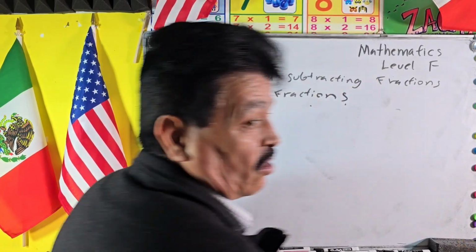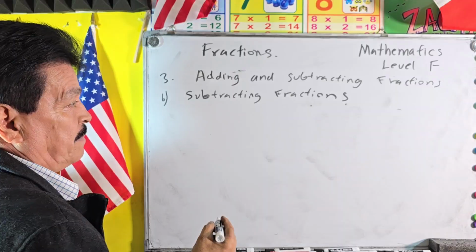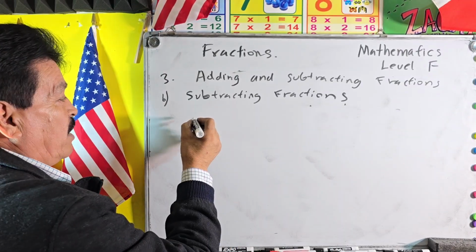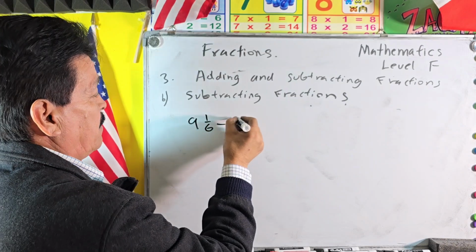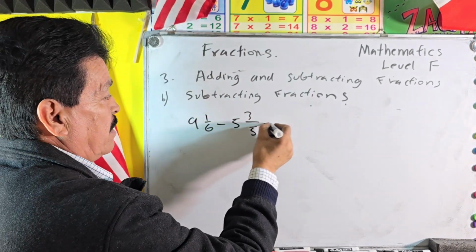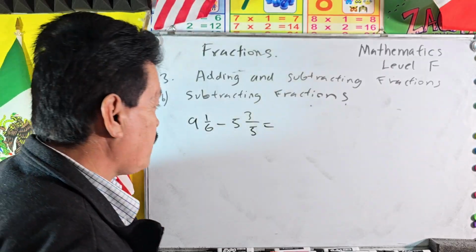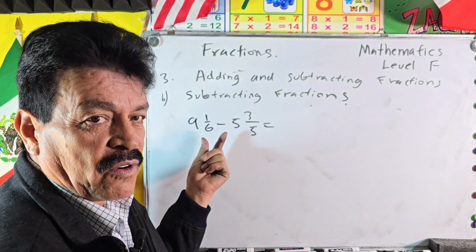Let's solve another problem. Let me write several exercises. So 9 1/6 minus 5 3/5 equals. Remember, we find the multiples of these two numbers before, right?